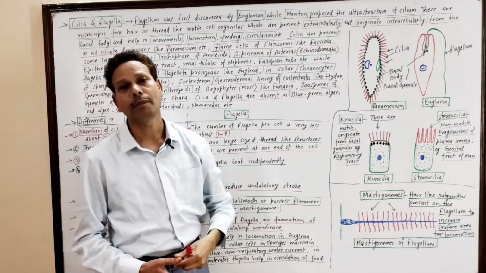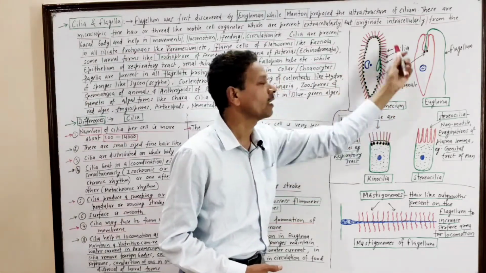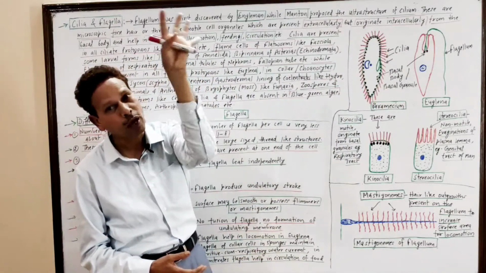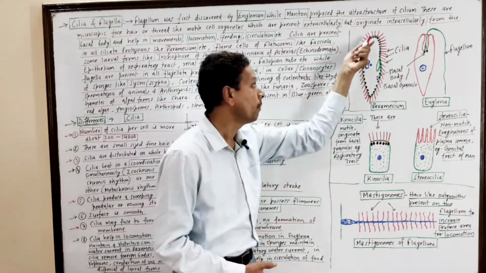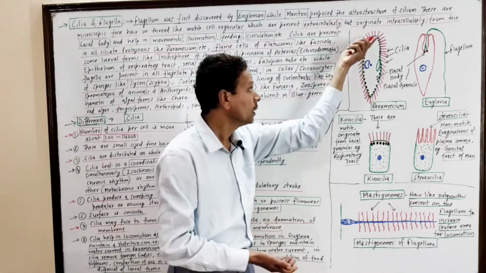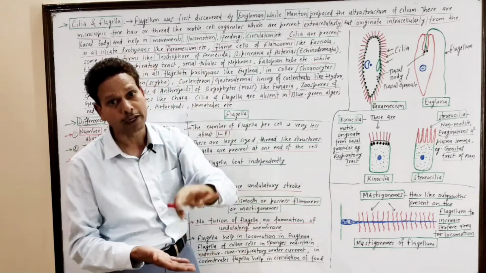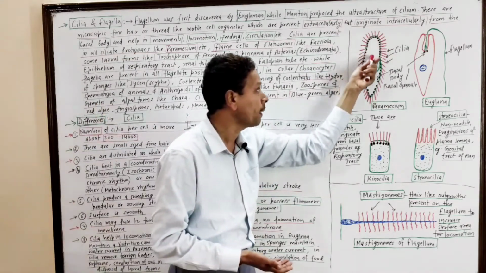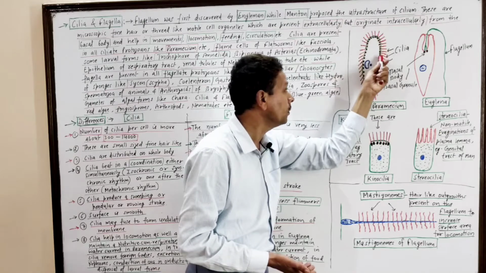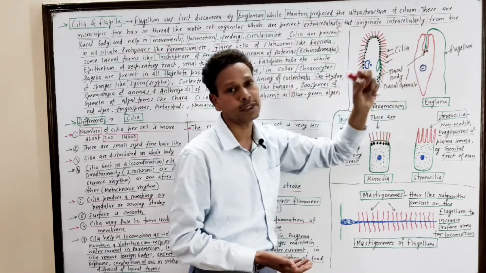These are microscopic, motile structures which are present extracellularly, means on the outer surface of a cell, but they originate intracellularly from the cell cytoplasm or protoplasm by these basal bodies or basal granules.